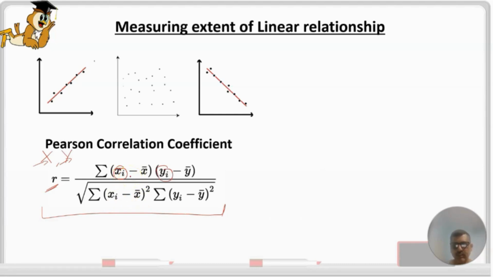X bar is the average of Xi. Similarly, Y bar is the average of the Yi, calculated from 1 to m. So this is the formula for the Pearson correlation coefficient, and it finds the correlation between two sets of data.